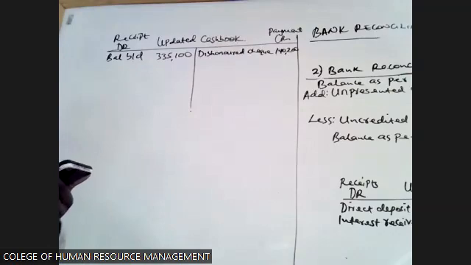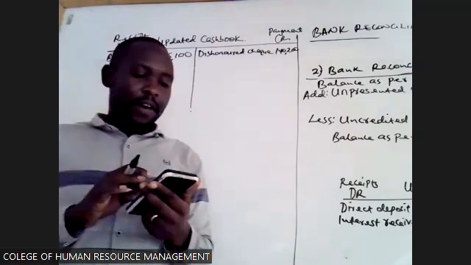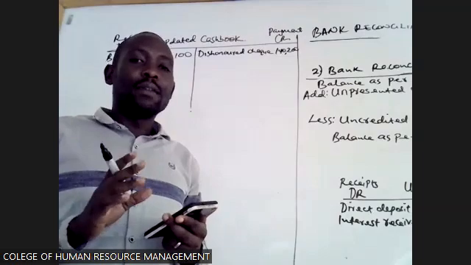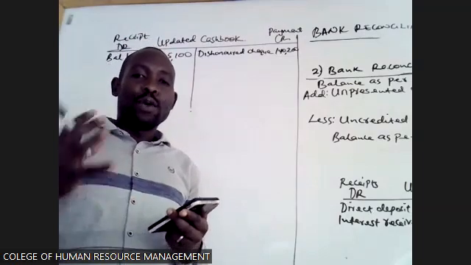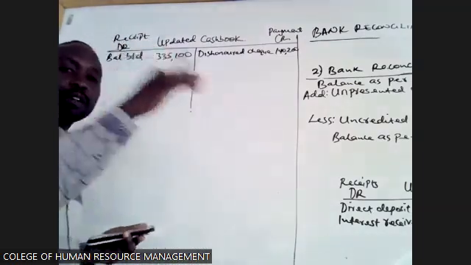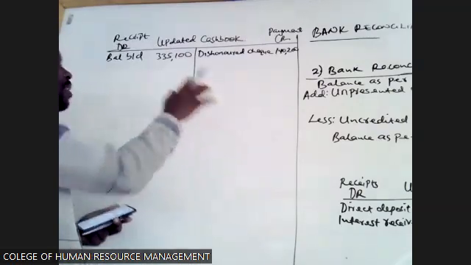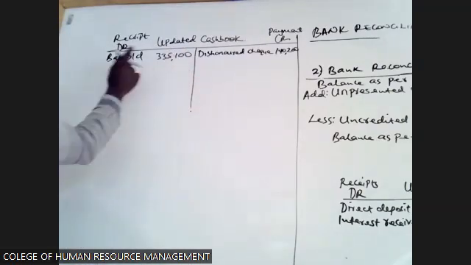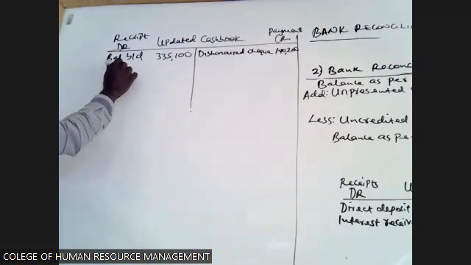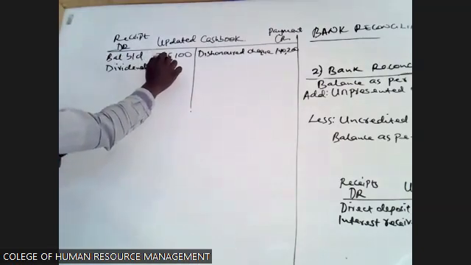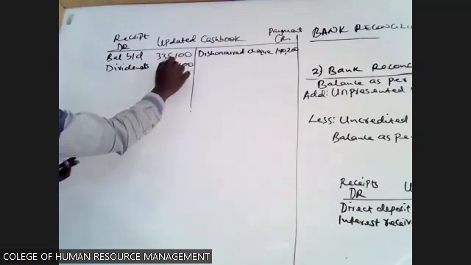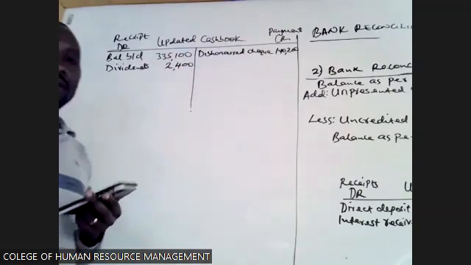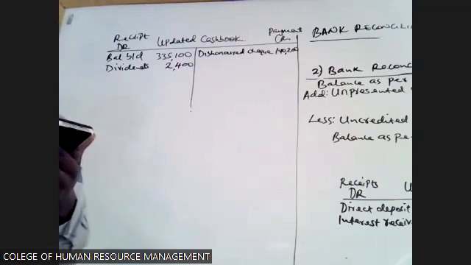Number 2, a dividend received of 2,400 had been reflected in the bank statement only. So we received the dividends in the bank, but in the cash book we did not record them. So you record 2,400 like that on the receipt side or debit side.